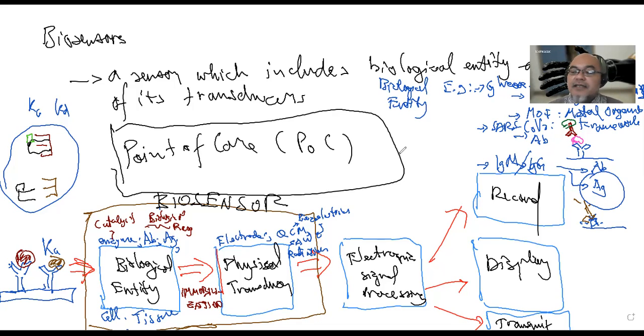So that biological entity has to be attached nicely on the surface of the physical transducer. This is a process called immobilization, and immobilization is the key in any biosensor development.